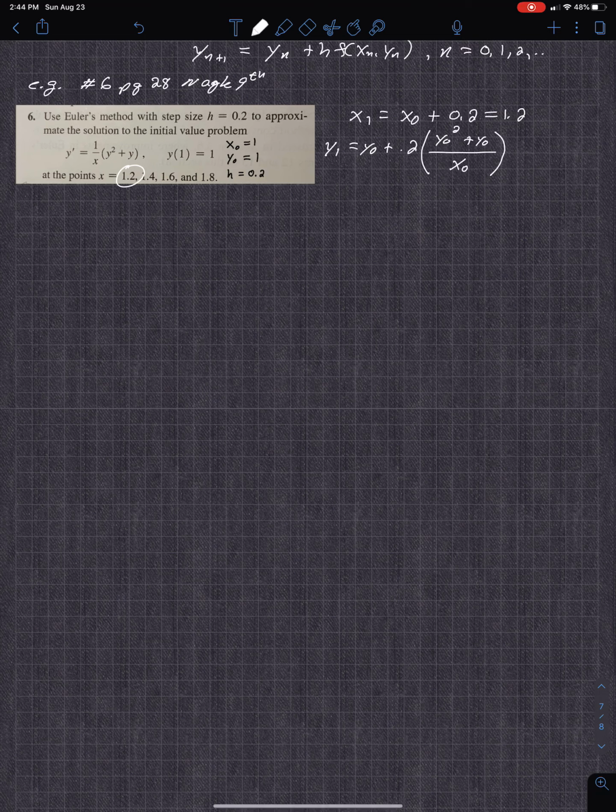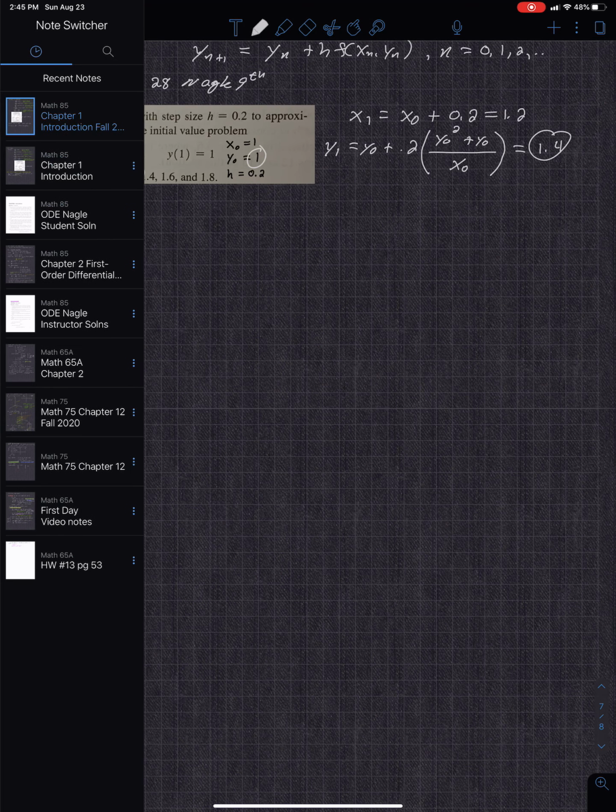You substitute in the appropriate values, where y naught is given as 1. If you evaluate that, you get 1.4. So then 1.4 is going to be your y1, since y naught is given. Then you substitute back in for your y2, using 1.4, and you do that iteration.